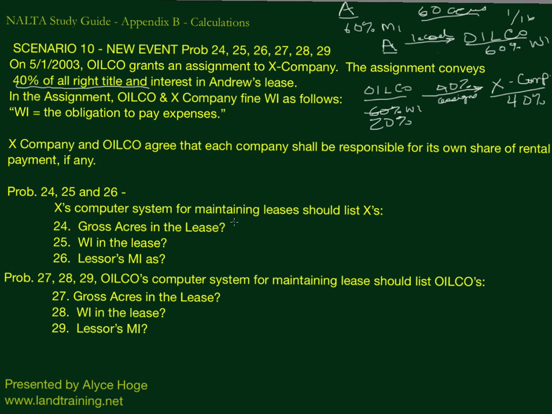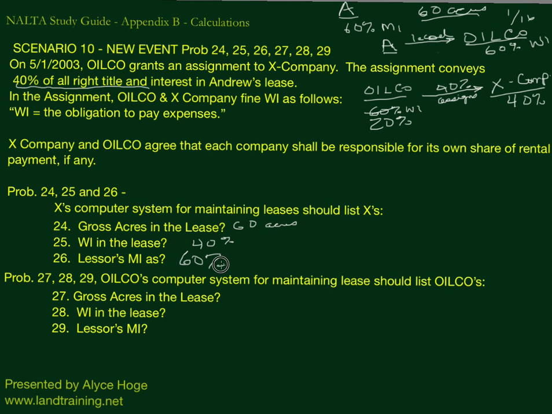It still is 60 acres. How should it list X's working interest in the lease? Well, the working interest is going to be this 40%. And then what is the lessor's mineral interest? It was 60%. It still is 60%.